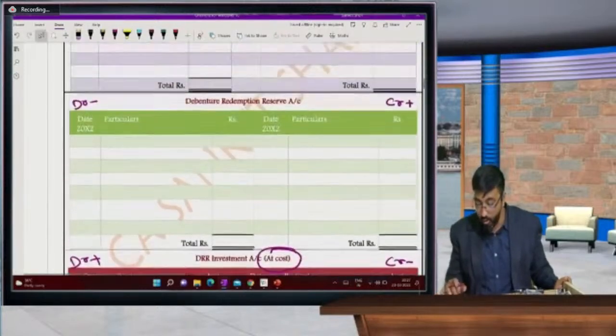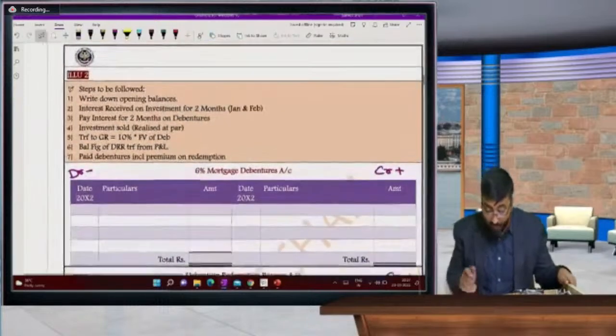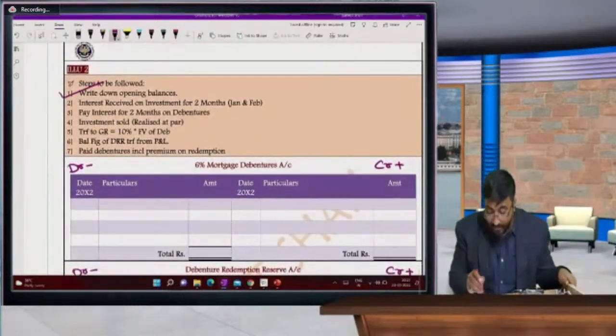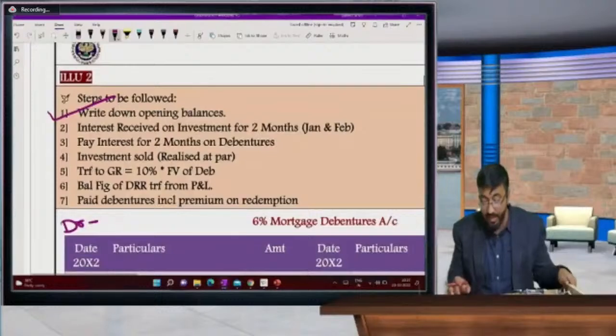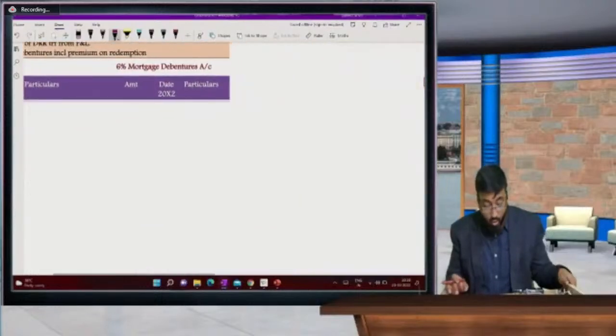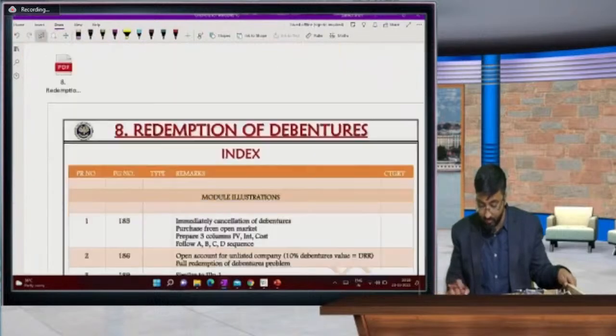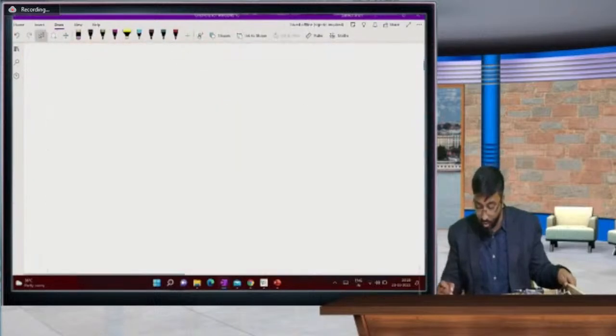First thing you have to do, you have to write all the opening balances. Write steps, write opening balances. Today you have to practice all these questions, beta. See, so opening balances.